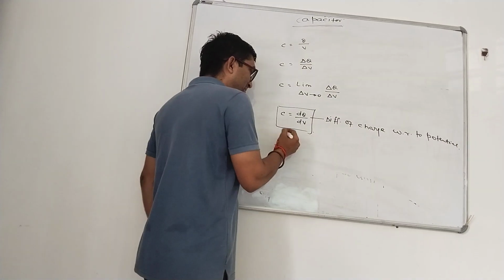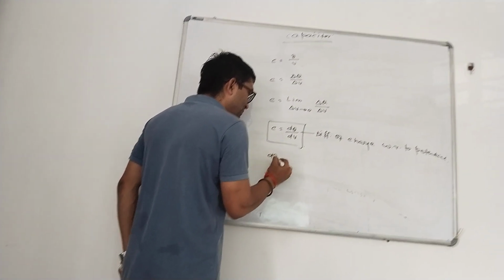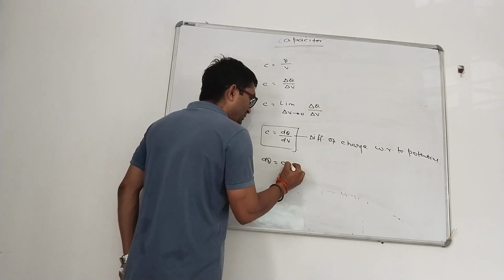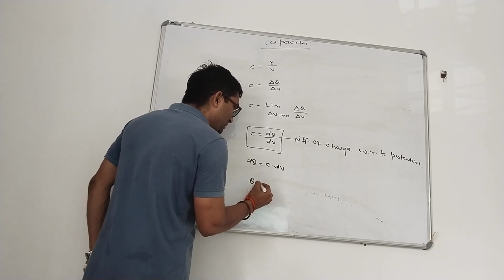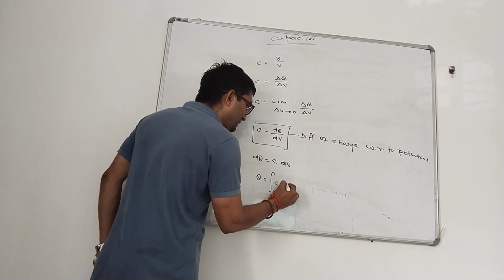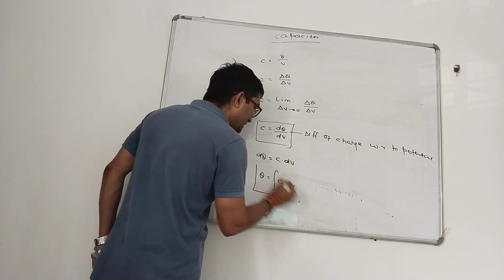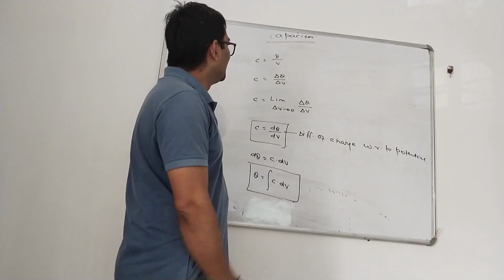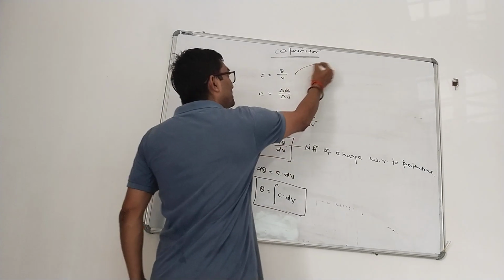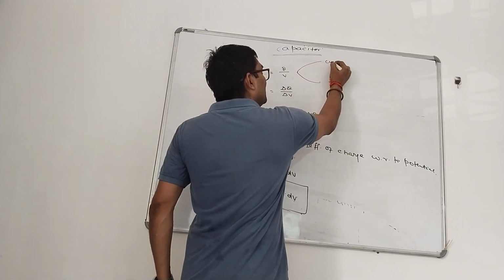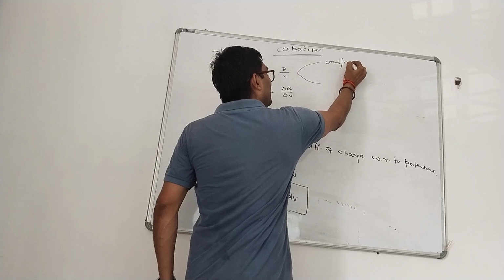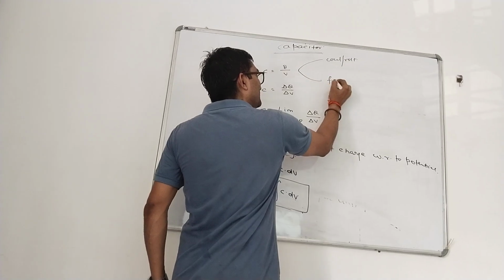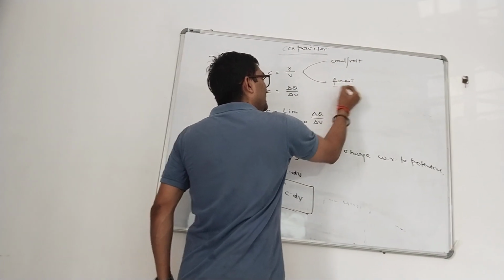So from here the mathematical analysis we can do: dq is equal to C into dV. So q is equal to integration of C into dV we can write. This is the mathematical analysis. So I have already discussed their unit should be coulomb per volt or farad, like that.